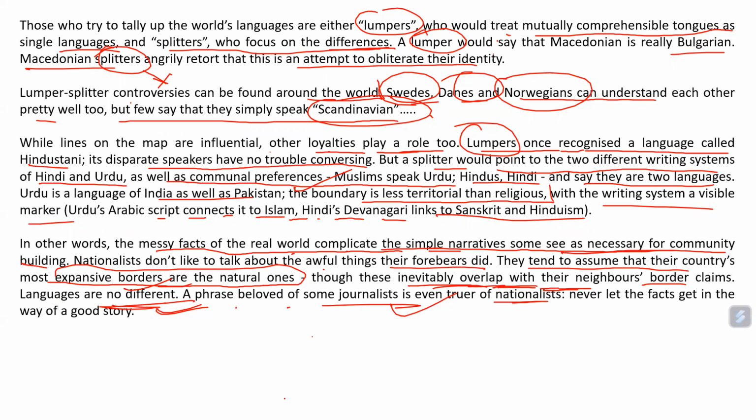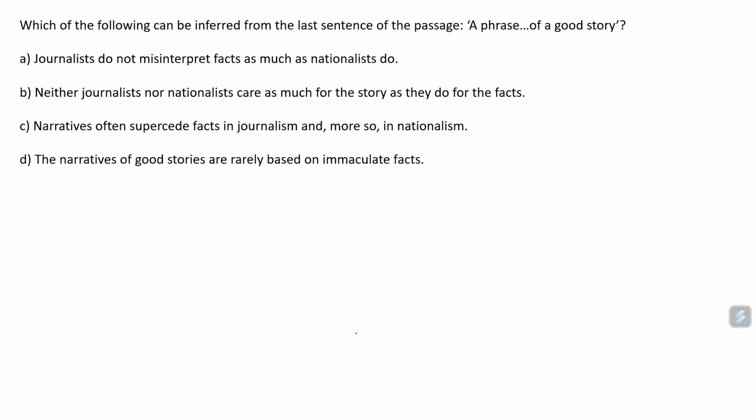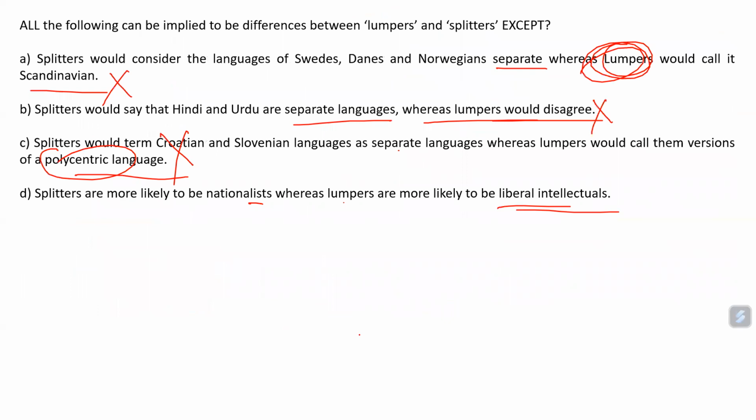And they have insisted that the languages are all separate and stand for an identity, right? So they are fighting for the identity at the end. However, what we can infer from this is that the reverse cannot be implied. And if the reverse is not implied, we cannot say that lumpers are liberal intellectuals and splitters are nationalists, right? So if I don't have anything to say about this, then what will I say, right?